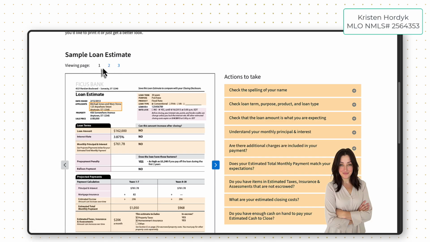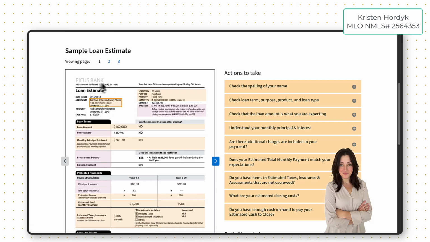There are 3 pages. On page 1, you can see the lender right here. In this example, it's Ficus Bank. The date it was issued. The applicants, so borrower and co-borrower, and the property information, the property address. The sale price, and the loan term, which in this example is 30 years.